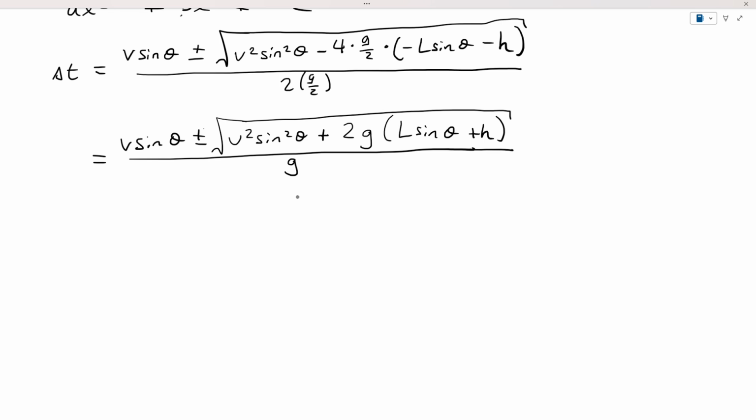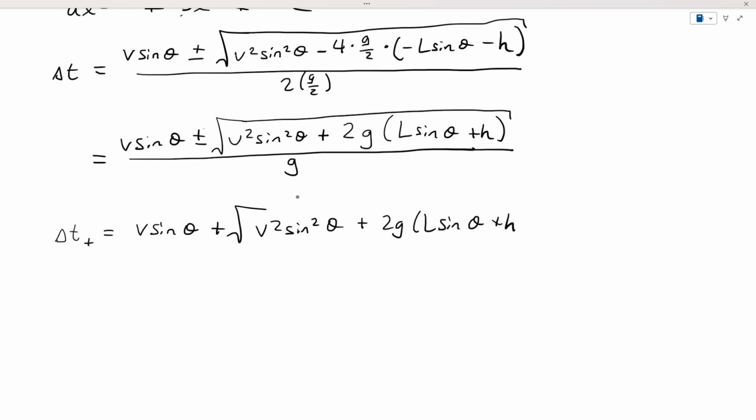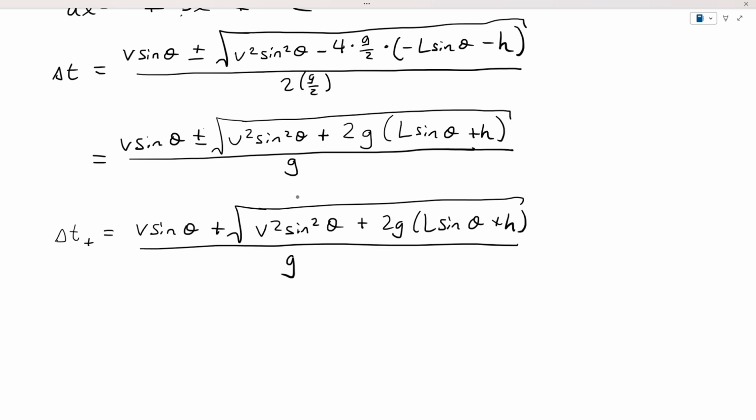If we had done minus this square root, we would get the negative time. So delta t positive, which we're looking for, is going to be v sine theta plus the square root of v squared sine squared theta plus 2g times L sine theta plus h, over g.